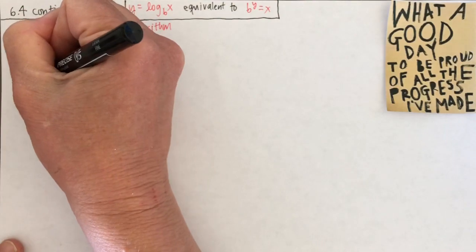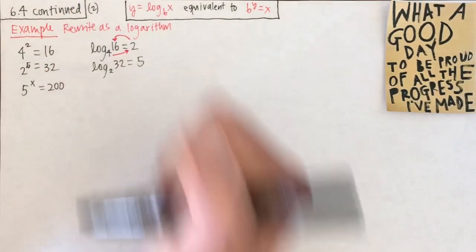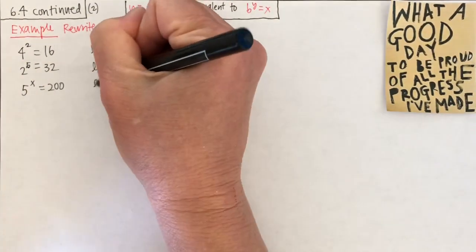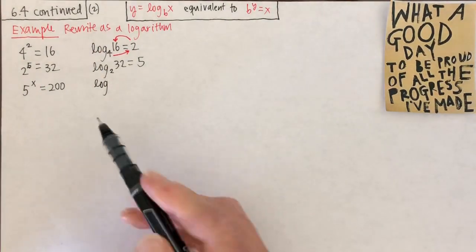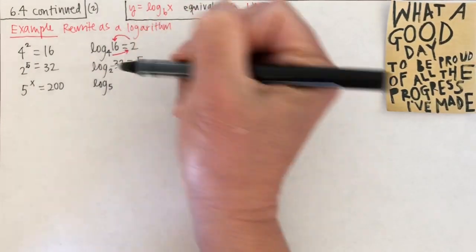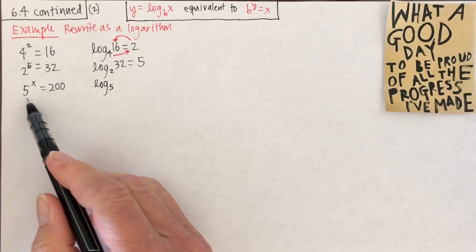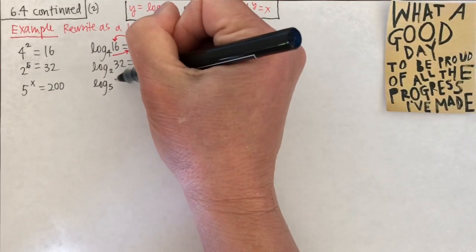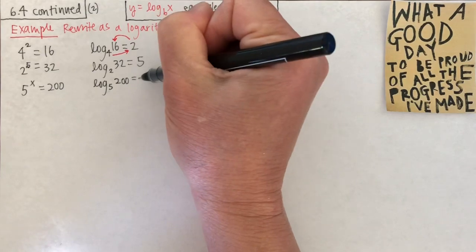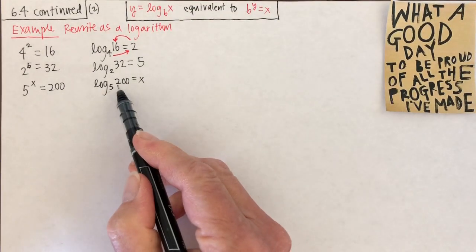So think through, if you wanted to write this one, how you would write it as a logarithm. Log, and then what number goes down here? It's the base of the exponent. So the base of the logarithm is the base of the exponent. 5 to the x equals 200.